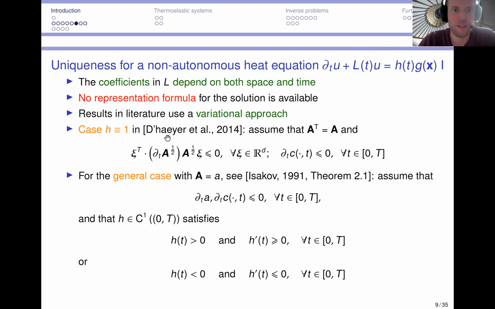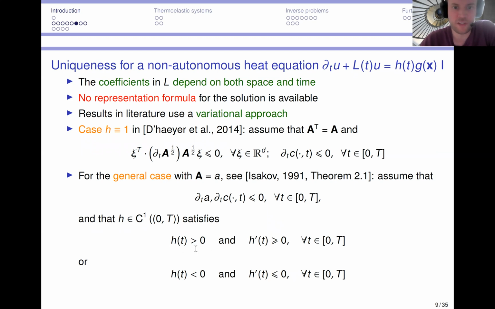This is done in this article of Dyer for the case that h is equal to 1. And under these conditions on the tensor A and on the coefficient C, the author showed the uniqueness of a solution. Previously, Isakov showed already under these conditions the uniqueness of a solution when there is a more general source h.